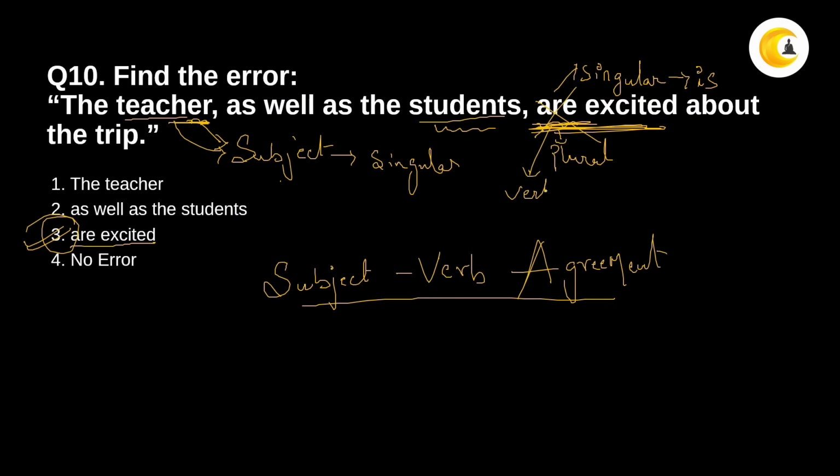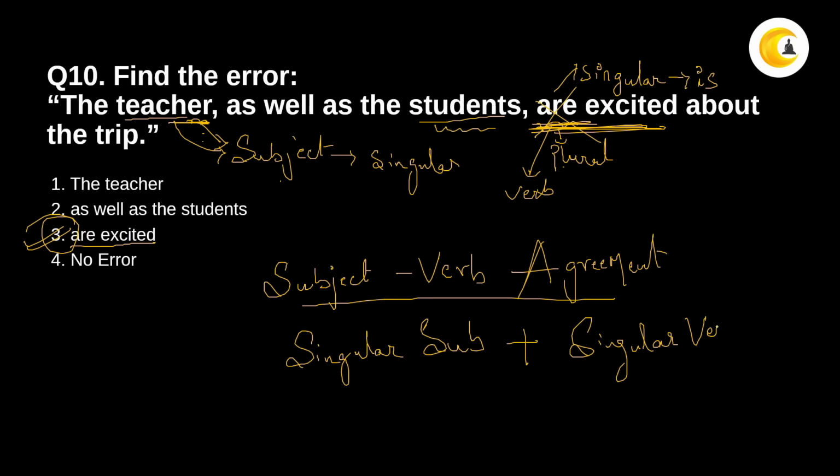This is the verb, right? Verb used. So if the subject is singular, the verb has to be singular. If the subject is plural, the verb has to be plural. Okay. It is always singular subject plus singular verb. Similarly, plural subject plus plural verb.